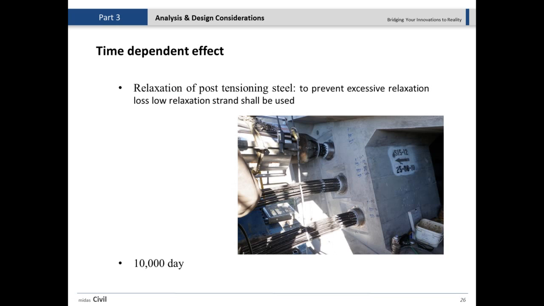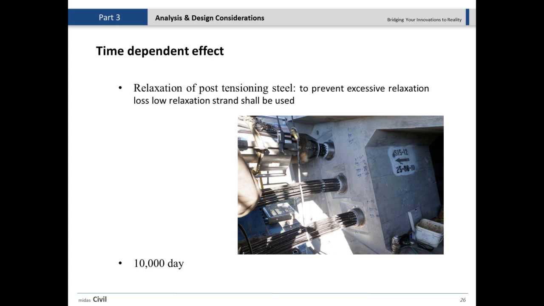Another time-dependent effect is the post-tensioning tendon itself, because in the steel we have an effect called relaxation, where the material itself releases some of the initial force that it has, and loses that initial effect by having a little bit of deformation.